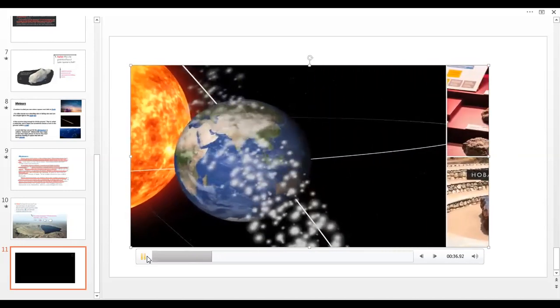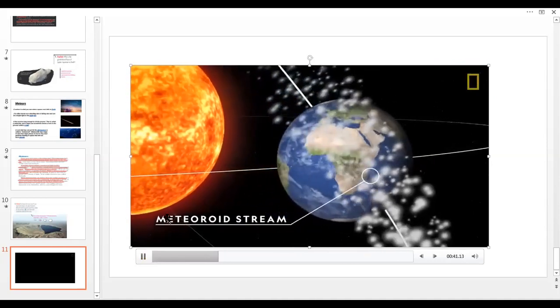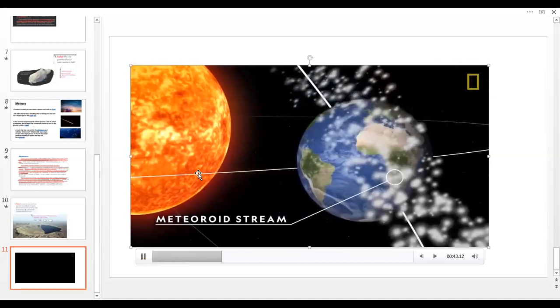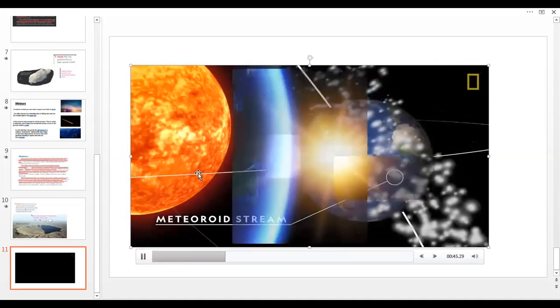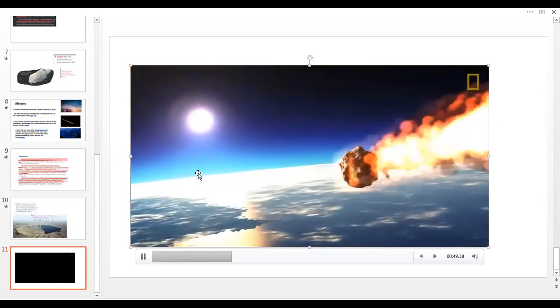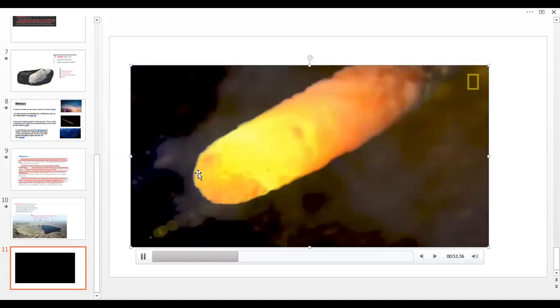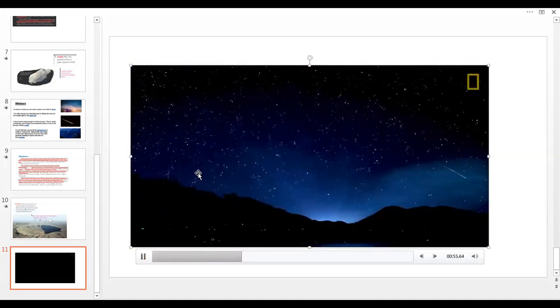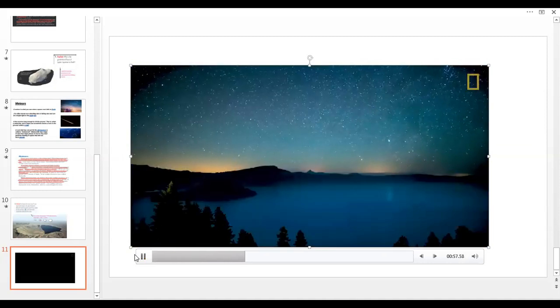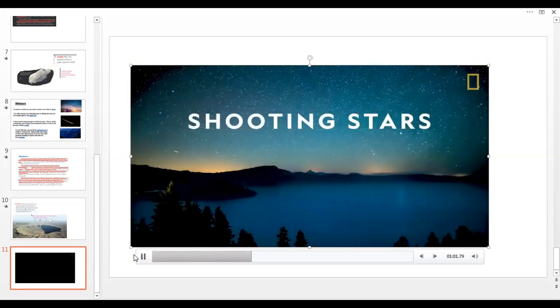Every year, the Earth crosses these trails of debris, known as meteoroid streams, and the planet becomes sprinkled with rocky material. The debris then race through the Earth's atmosphere, creating friction with air particles and generating vast amounts of heat. This heat vaporizes and illuminates the debris as they fall, creating streaks of light in the sky, popularly known as shooting stars.